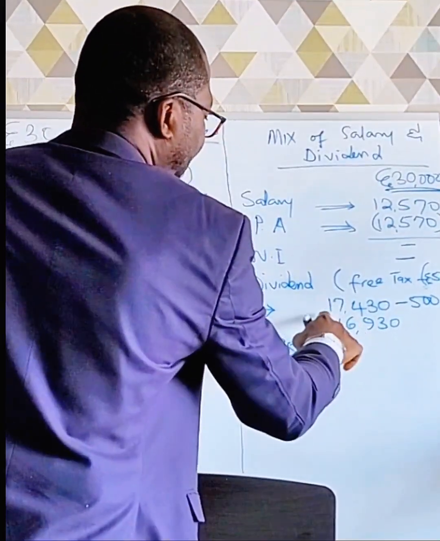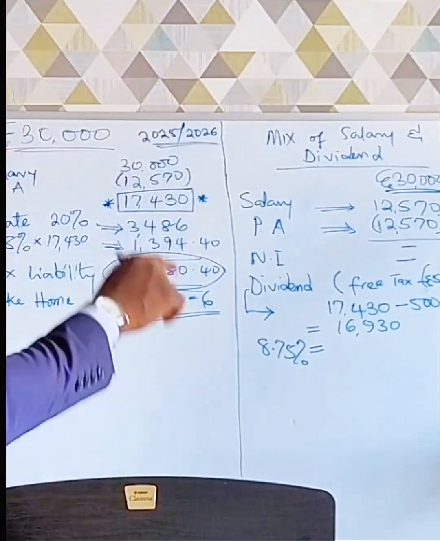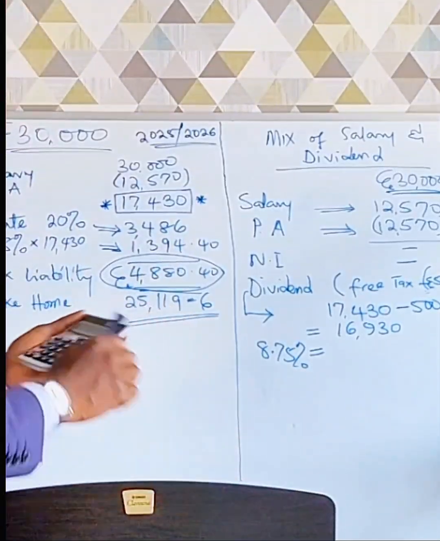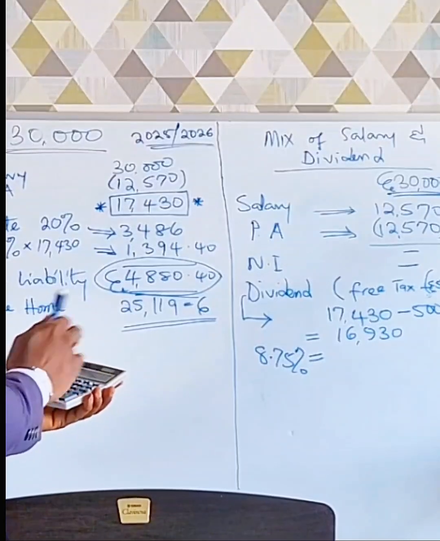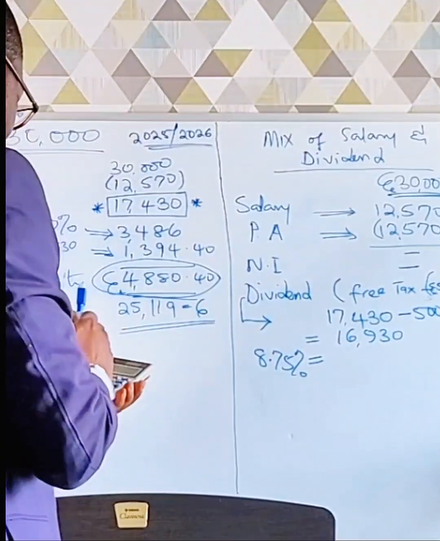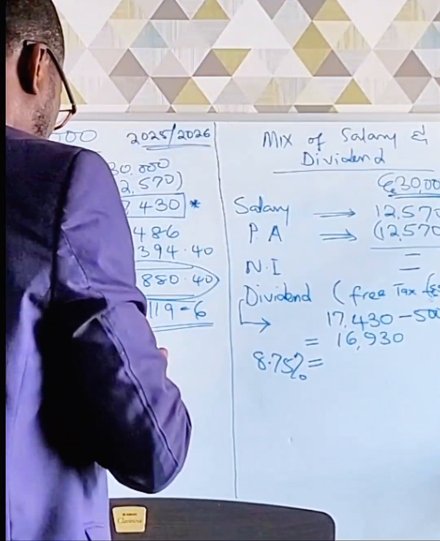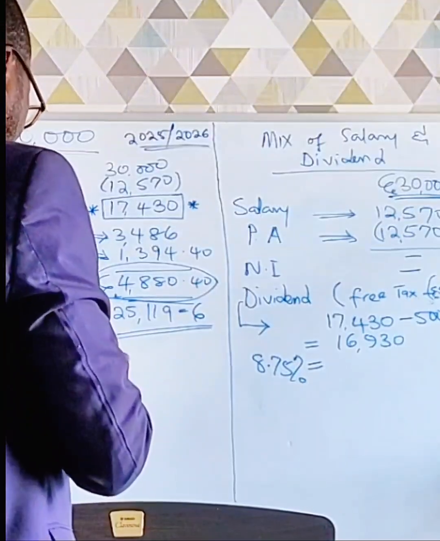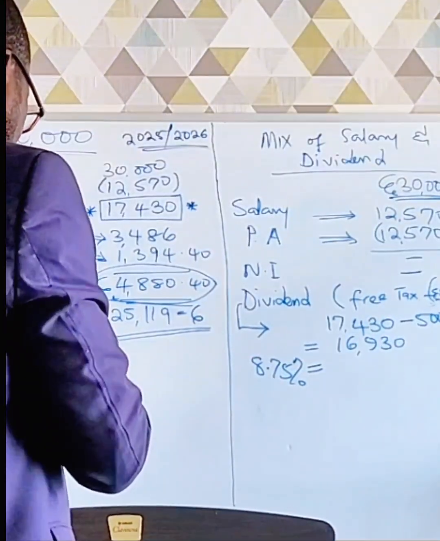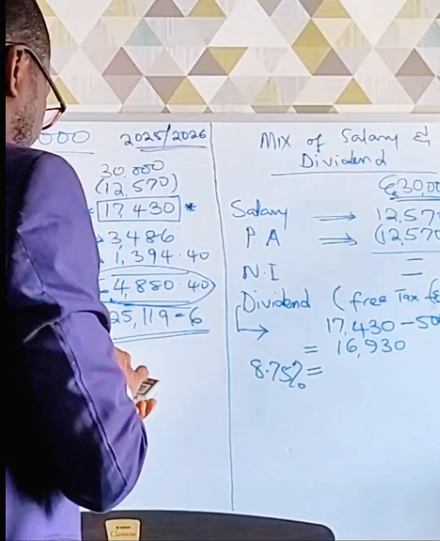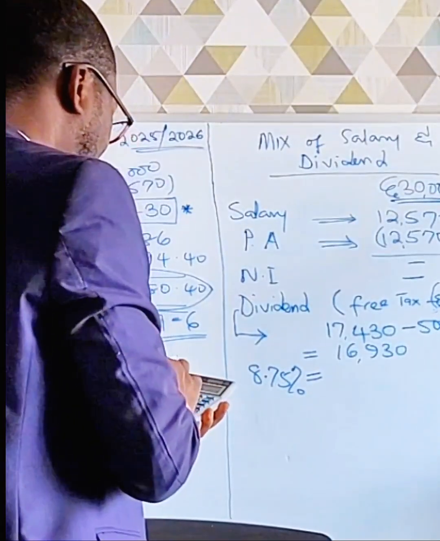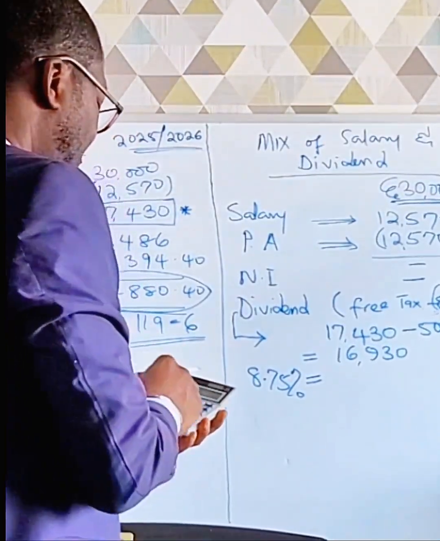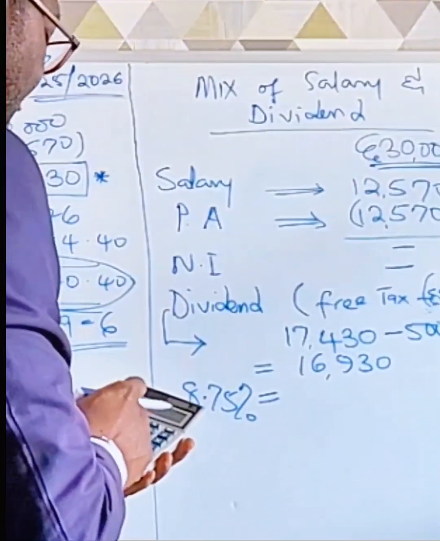So for dividend in this year, at this basic rate it is 8.75%. Let's calculate 8.75 to know how much tax you will pay in that year. Let me do this. Ooh, come on, I have to turn it off again. All right. 0.0875, right?